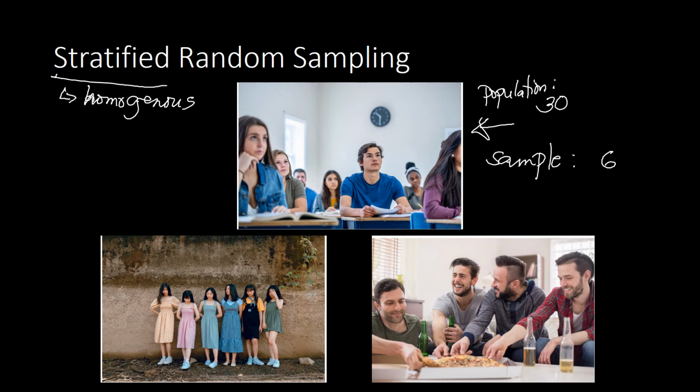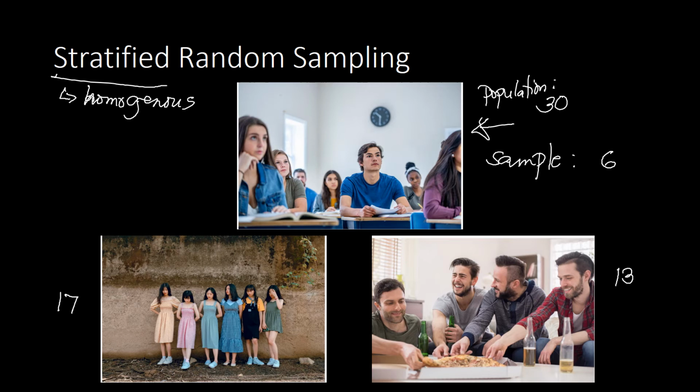And then, out from that population, I've grouped them according to girls and boys. So I have here, let's say for example, in this 30 students, 17 girls and also 13 boys.